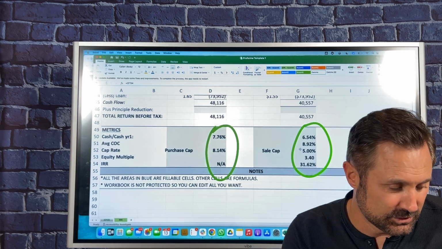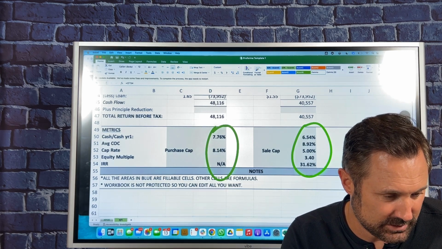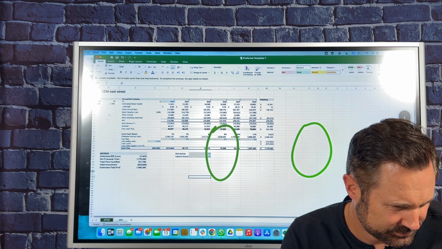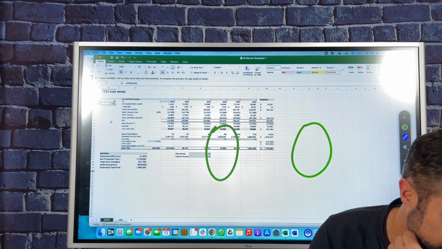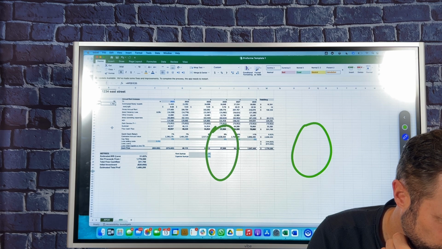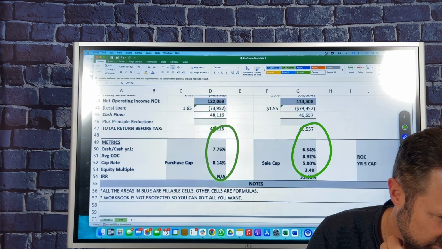Because there's another tab on this spreadsheet, just so you know. That's odd.